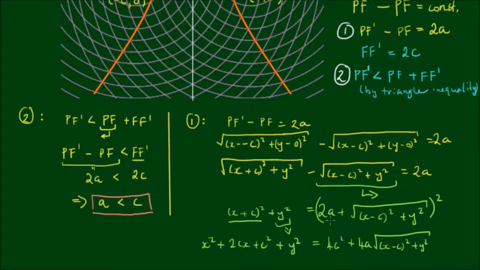So it's the first term squared, then 2 times the first term times the second term, and then it's the second term squared. So here we have x minus c all squared plus y squared.